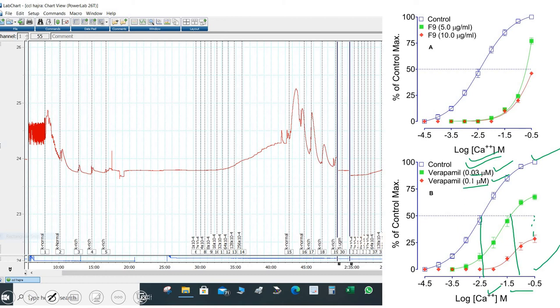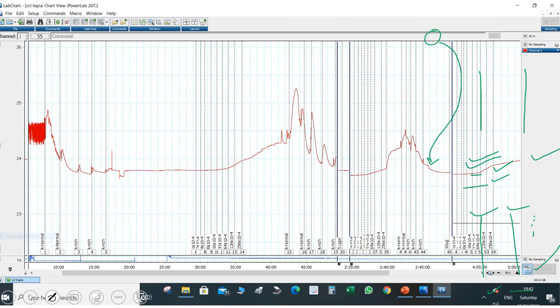Similarly, a right shift by F9 is observed here, and the right shift in the EC50 of F9 resembles the right shift of the EC50 of verapamil, so we can say that it is going to have a calcium channel blocking activity.